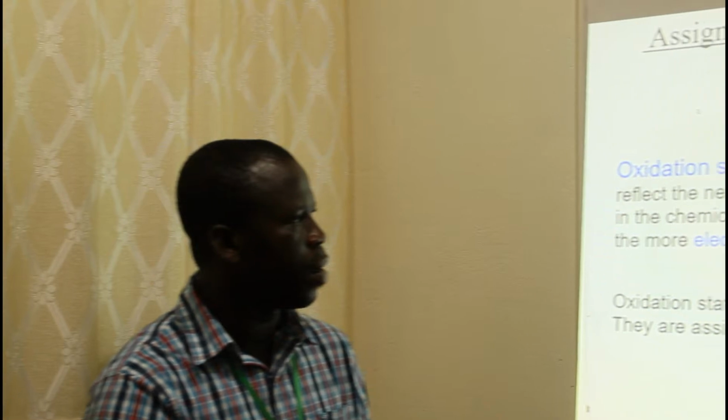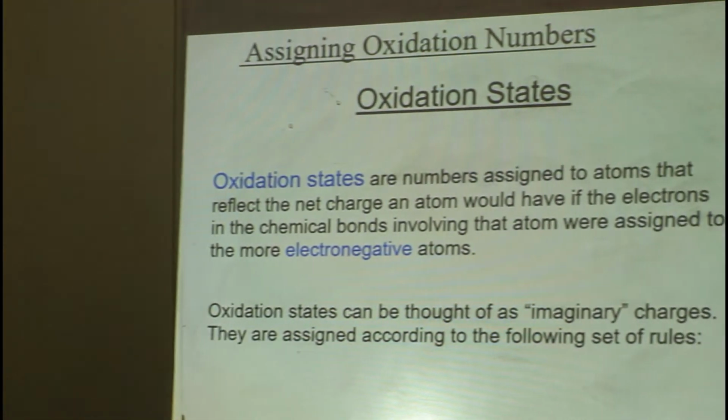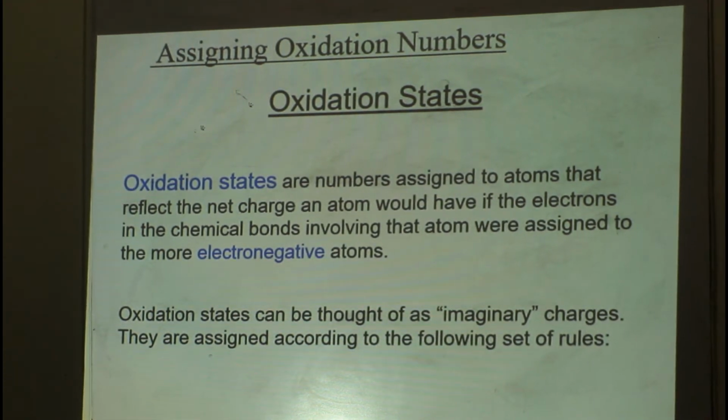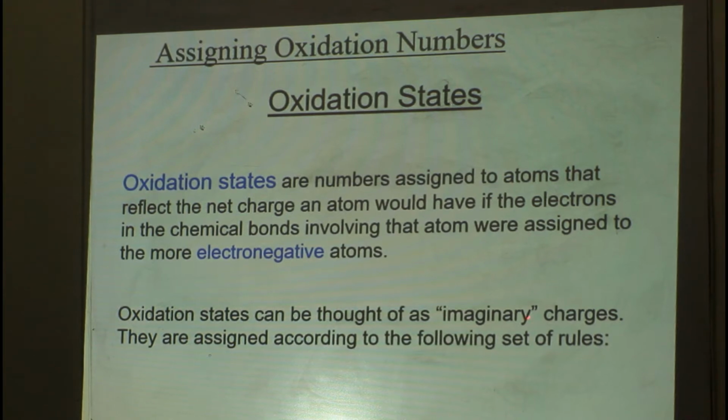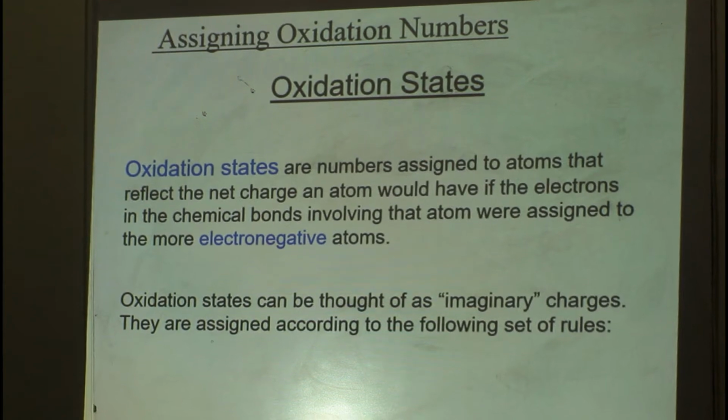Now, the definition is such that they are numbers assigned to atoms that reflect the net charge an atom would have if the electrons in the chemical bonds involving the atom were assigned to the more negative atom. In short, we say that these are imaginary charges.